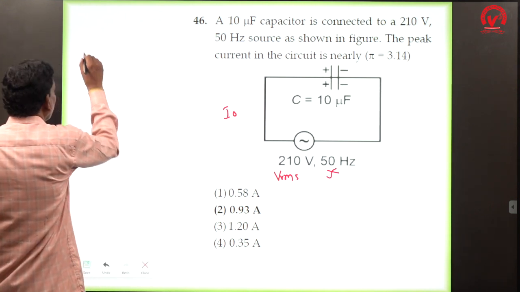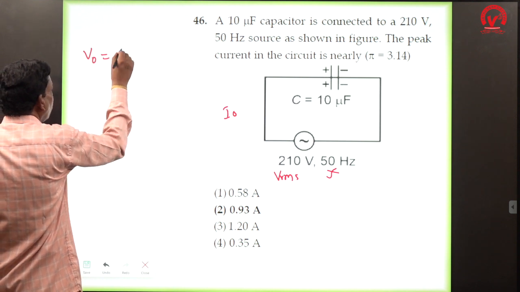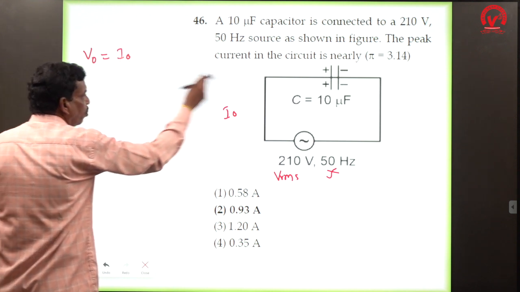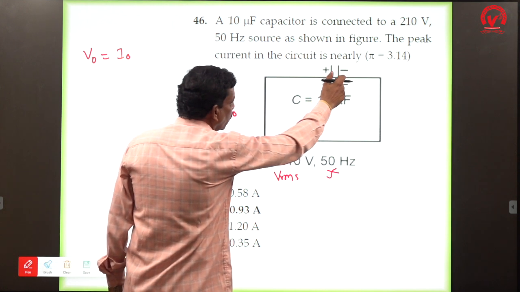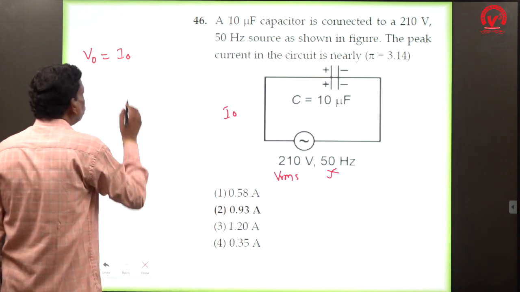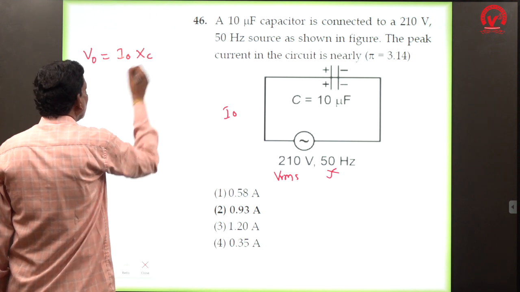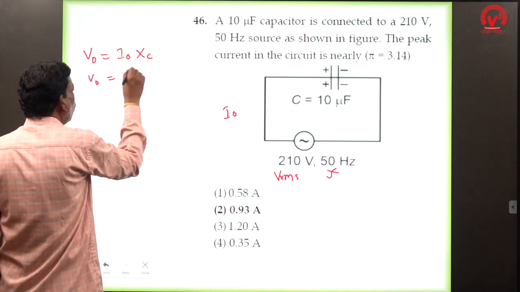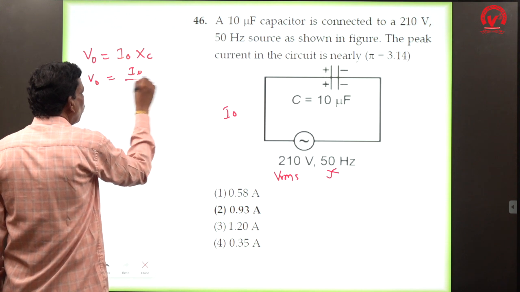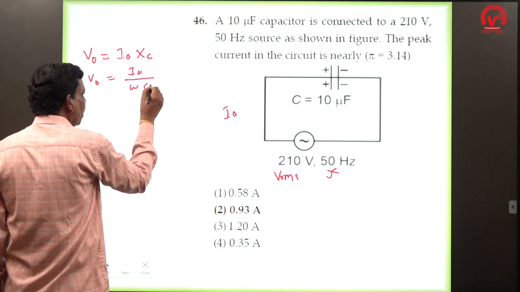V naught is equal to I naught into XC, since it is a pure capacitive circuit. XC means 1 by omega C.